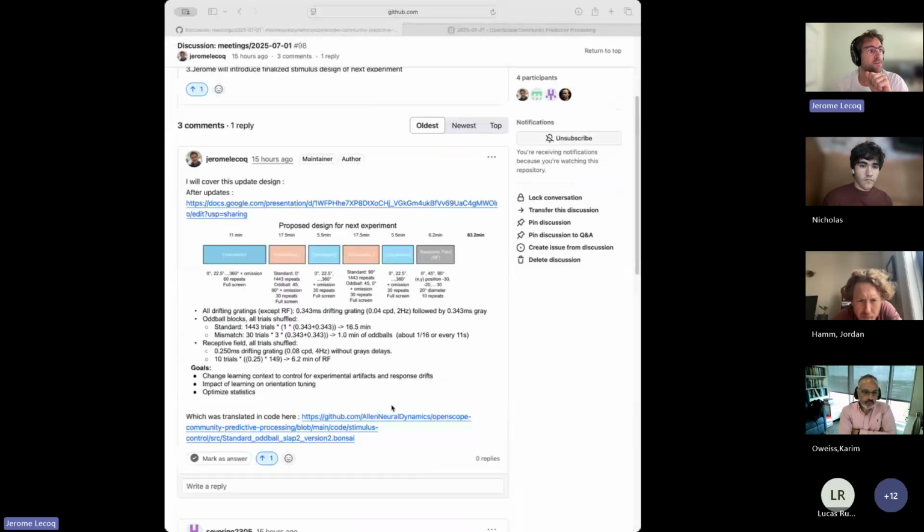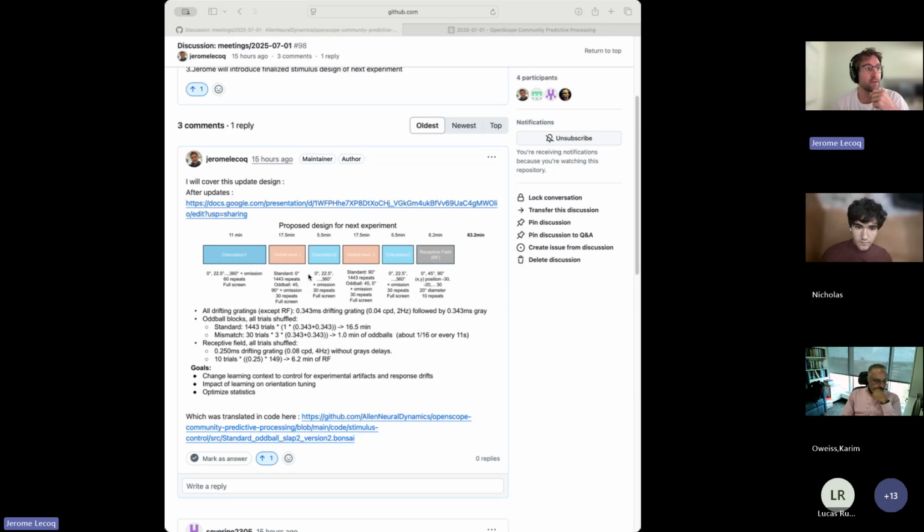So this stimulus design here is something we've talked about for multiple sessions, and we've iterated through a couple of designs. I think now it includes a longer orientation 1 block to accommodate some of the points that Kareem and Lucas described, and it presents 2 standard oddball blocks that would bias different orientations.